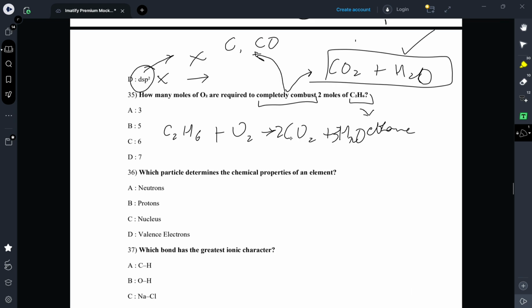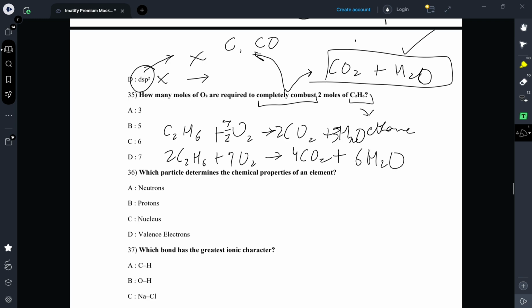We have 2 oxygens here, 4 oxygens here, and 7 oxygens here. We can just write 7 by 2, but it's better to write whole numbers, so we multiply everything by 2, and it becomes 2C2H6 plus 7O2 gives 4CO2 plus 6H2O.